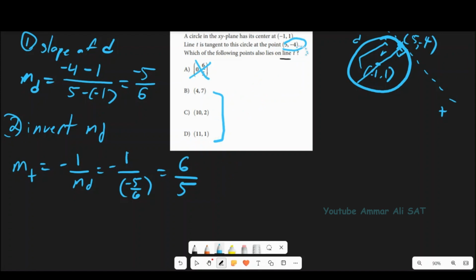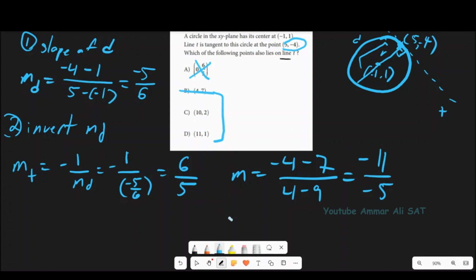So let's do 5, 4 and B. The slope is equal to minus 4 minus 7 over 4 minus 5. That's going to be minus 11 over minus 5, which won't work. So B doesn't work.